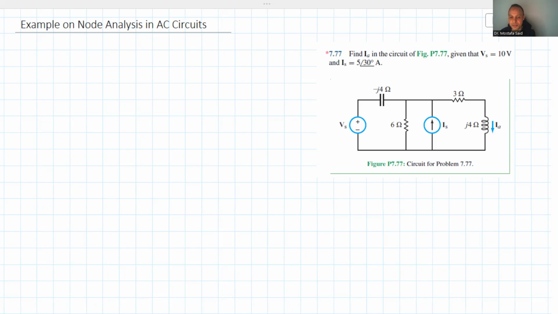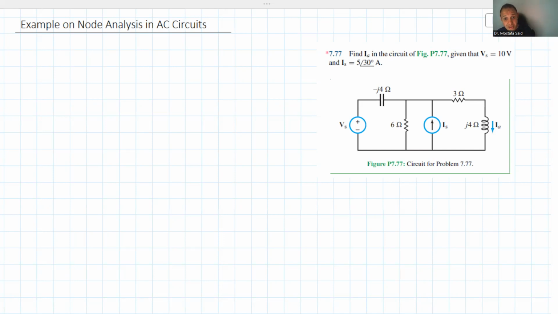Hello guys, in this video I'm going to show you how to solve an AC circuit using the node analysis method. The node analysis method that we learned with DC circuits is applied in exactly the same way when we deal with an AC circuit.